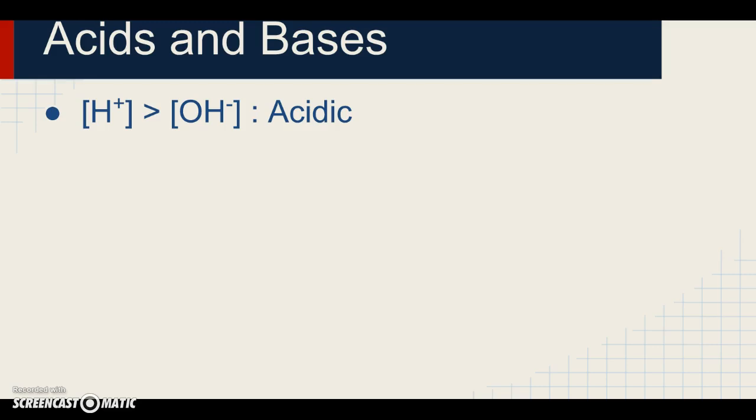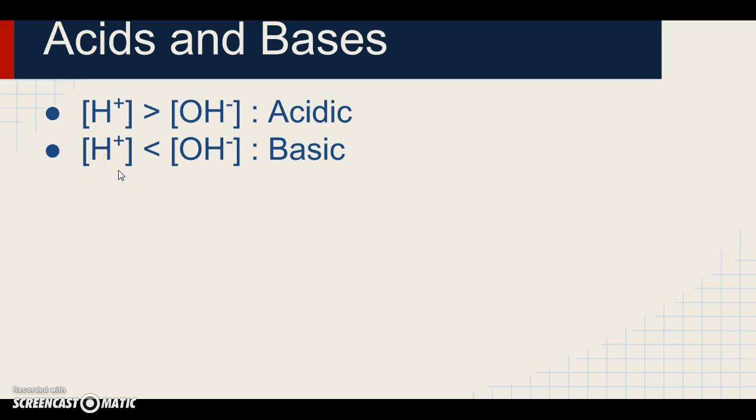So, for acids and bases, we can change these concentrations. If we have more protons, more hydrogen ions, more hydroniums than hydroxides, that's an acidic solution. How about basic? What would make something basic? More hydroxides than hydrogens gives us basic.